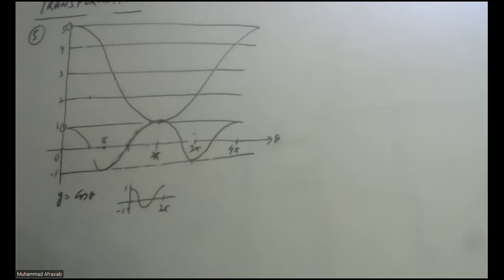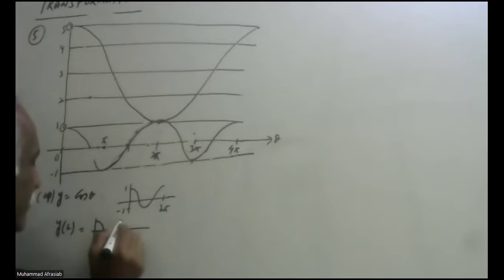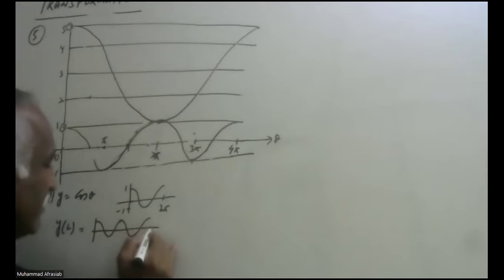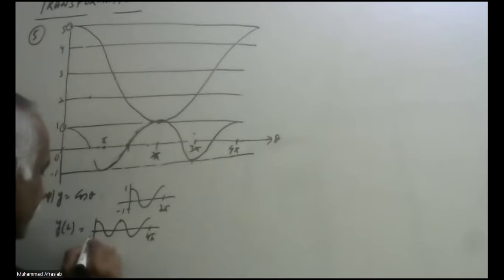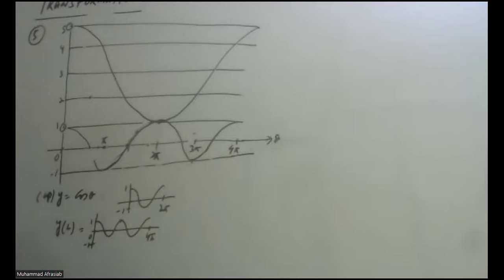And now in this case, the upper curve is the same graph, but it is going to make two cycles up till 4 pi. So the upper curve, which is derived from this lower curve, has one cycle and the lower curve has two cycles.